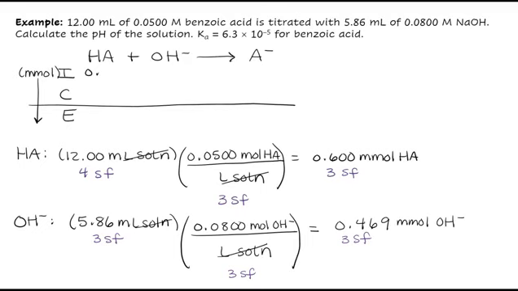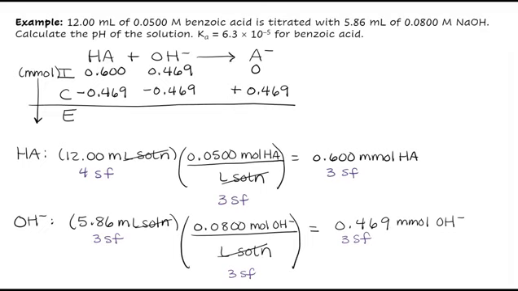Now we can fill in our millimole table. We have 0.600 for HA, 0.469 for hydroxide, and we're starting with 0 of our conjugate base A-. We subtract the smaller number for each reactant, and then we add that same number to our product. So our smaller number is 0.469, so we'll subtract that from HA and from hydroxide, and we need to make sure we add it on the other side.